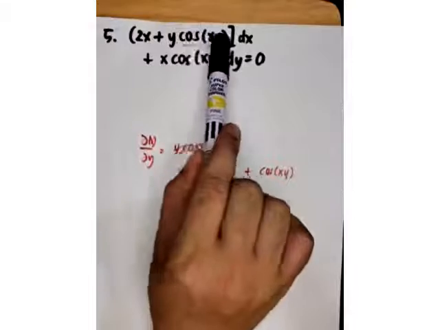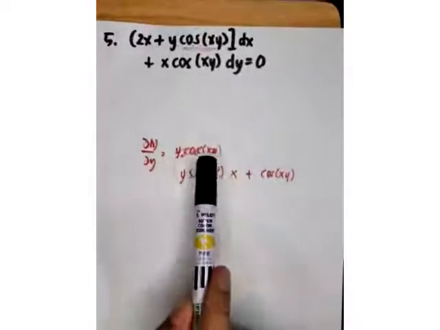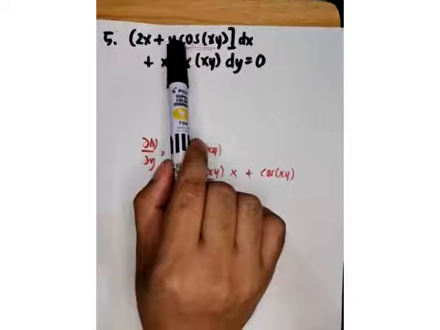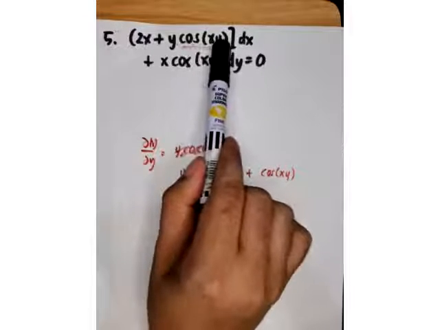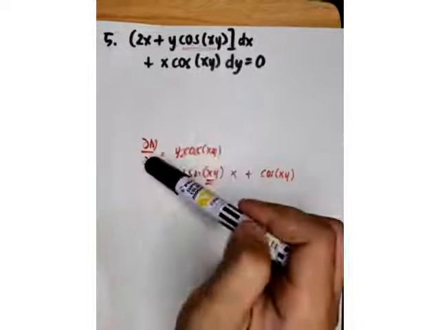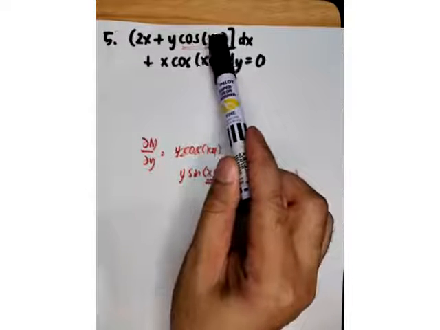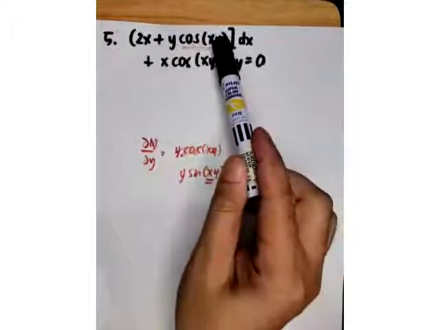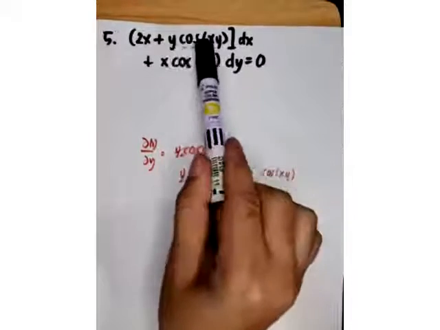Ito lang buo, itong y cosine xy, di ba? So, mag-product rule ako kasi hindi naman constant yung cosine xy. Dahil kahit dinederive natin siya sa y, may y kasi siyang angle. Yung x yung nagiging constant, so yung y niya, yung angle. Kaya, ipa-product rule mo yung buo.